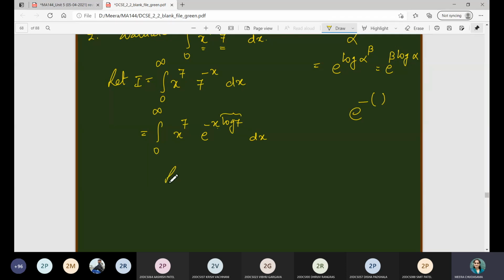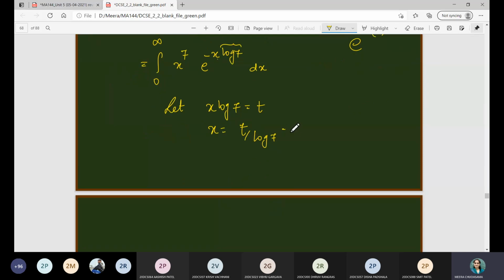So what we will do, we will consider x log 7 as some other variable t. So this entire thing will convert in terms of t, right? In that case x is nothing but t upon log 7, and therefore dx will be what? We have to convert the entire integral in terms of the t variable now.